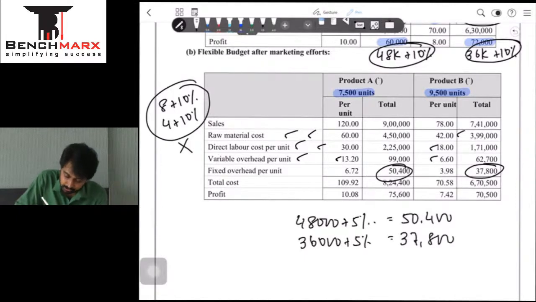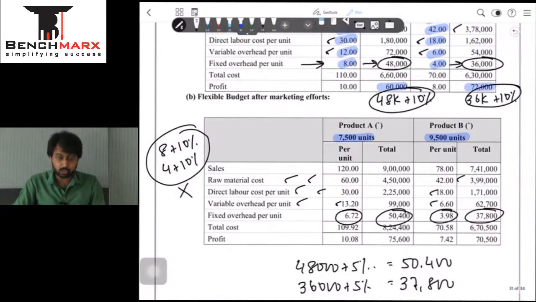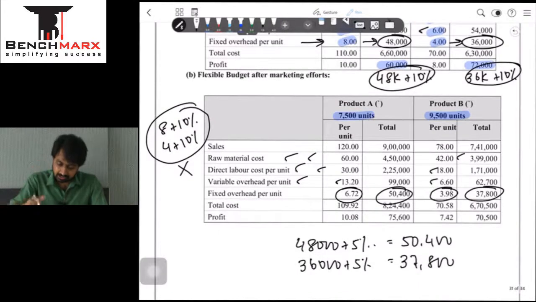As you can see, this rate of 6.72 and 3.98 is not old plus 10%. वो tie up नहीं होगा, because we always have to apply the inflation of fixed cost on the total cost and not the absorption rate, and 8 and 4 are my absorption rates, so do not apply the inflation on those rates. And this is how you find the new profits of 75,600 and 70,500.